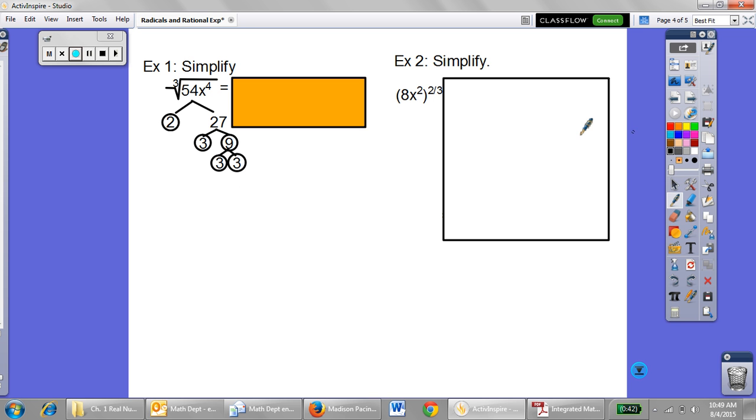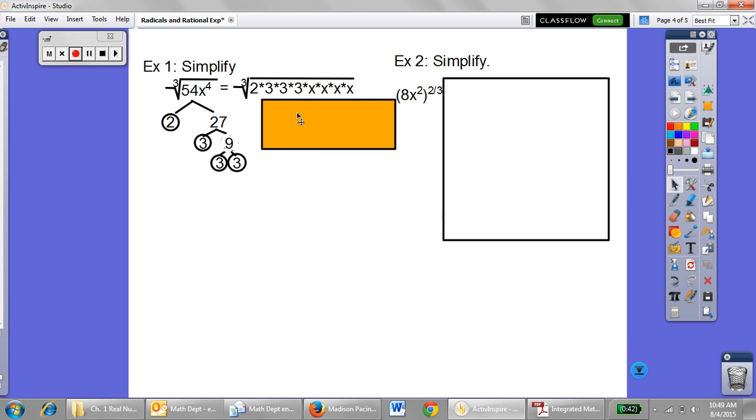This really should not be circled here because this is not the end of the tree here. And writing those numbers underneath the cube root, we have 2 times 3 times 3 times 3, which equals 54, and then the 4 x's here.